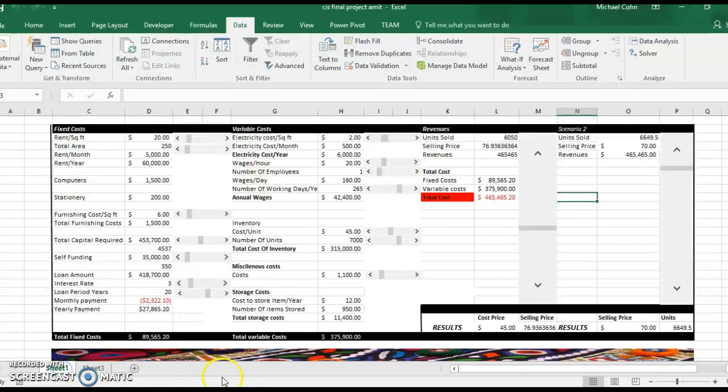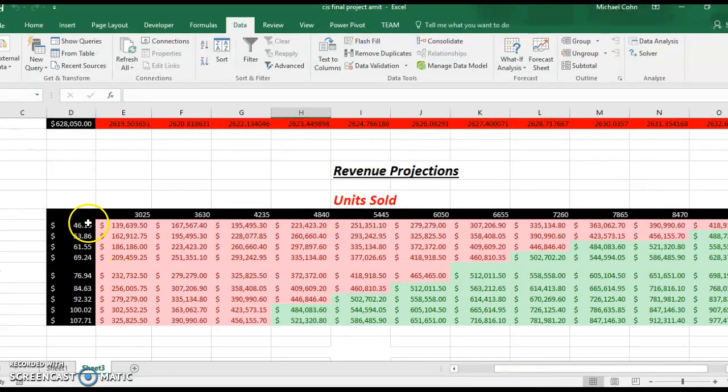That is again taken from the value that we have calculated of $76.9. So the range of the selling price as well varies from 50% of this value to 150% of this value.